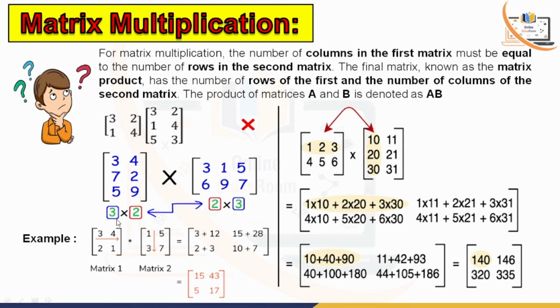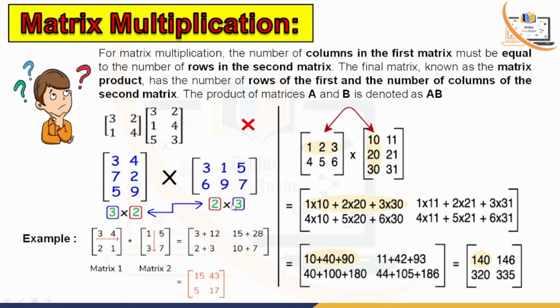Look, it is a 3 cross 2 matrix. That means the column number is 2. And this is a 2 cross 3 matrix where the row number is 2. Look, these are the same. That means we can easily multiply them. Well, after multiplication, the final matrix will be of order 3 cross 3 because this portion actually cancels out. So the new matrix becomes 3 cross 3 order.